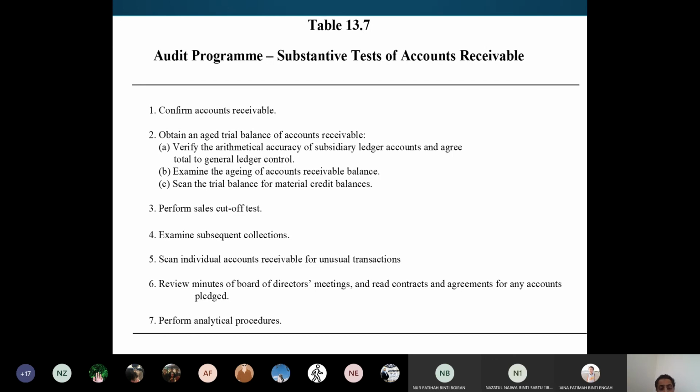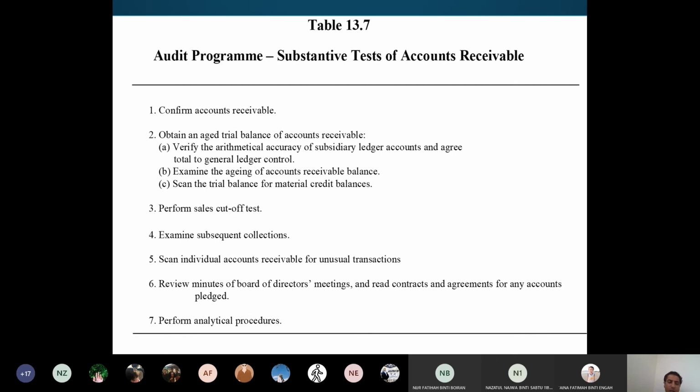Number 5 is to scan individual accounts receivable for unusual transactions. If there is an unusual transaction, we need to scan it, because sometimes, let's say, we wrote off some account receivable last year, and then this year the customer shows up and pays us back. So that is an unusual transaction.